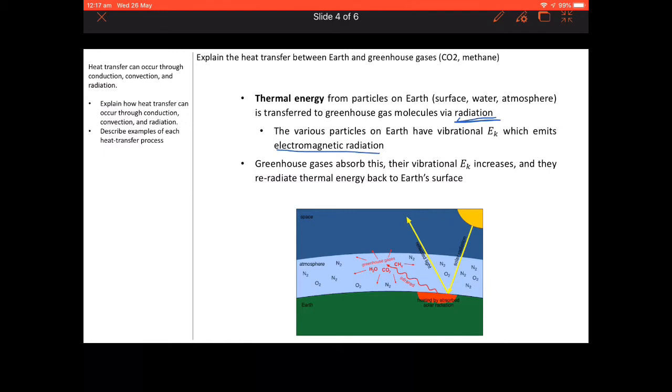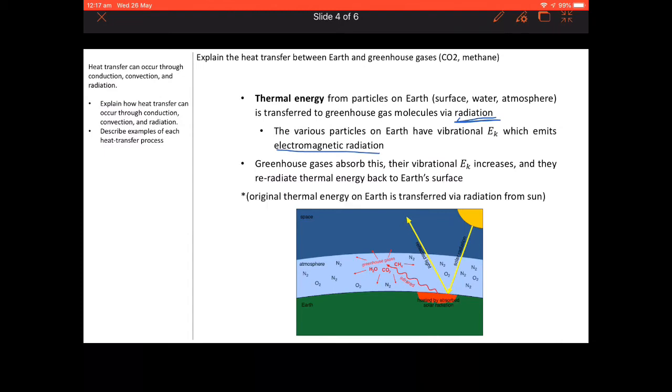However, currently, because there's an increase in greenhouse gas concentration in the atmosphere, there's a much greater level of absorption of thermal radiation, and therefore a much greater level of re-radiation back to the Earth of this thermal energy, and as a result the average global temperature is increasing, and this is the mechanism of climate change.